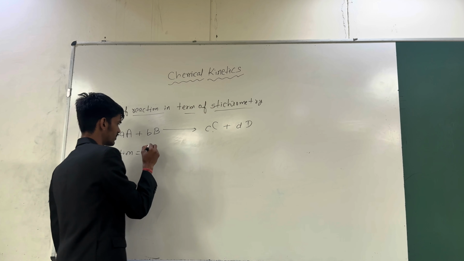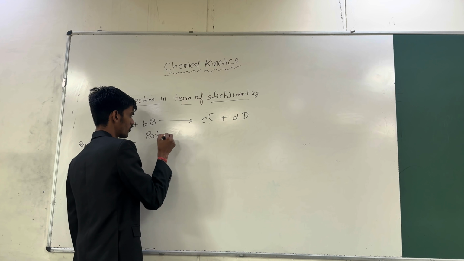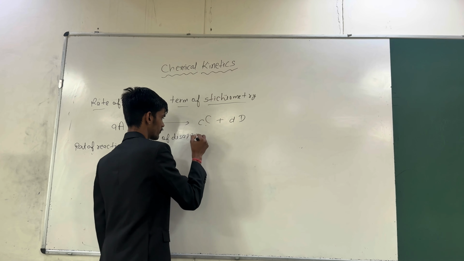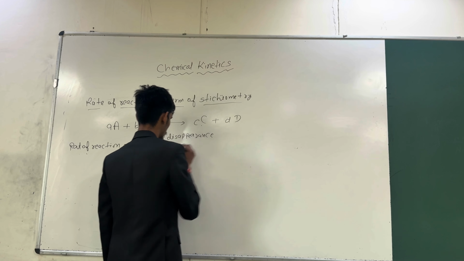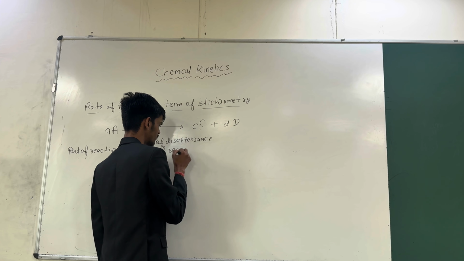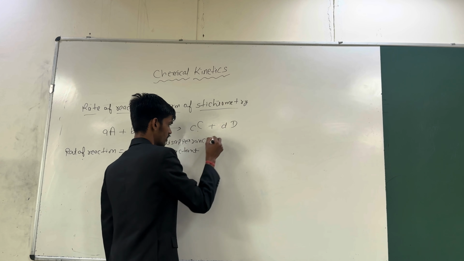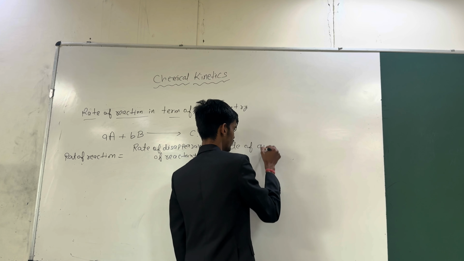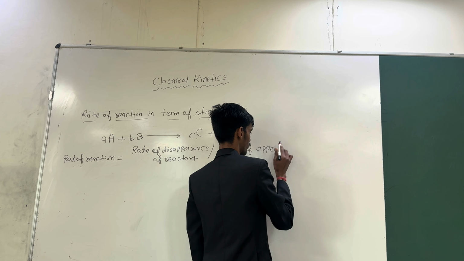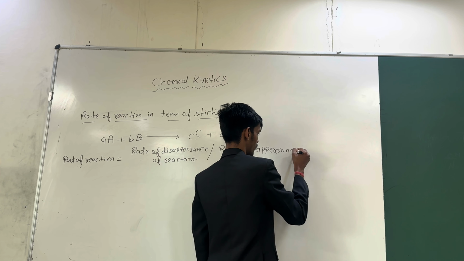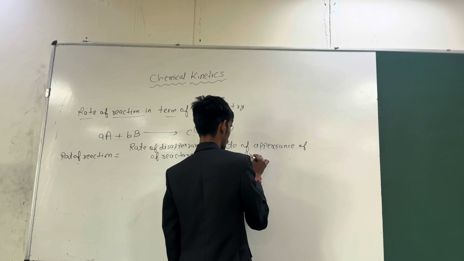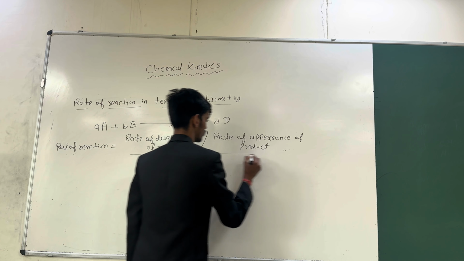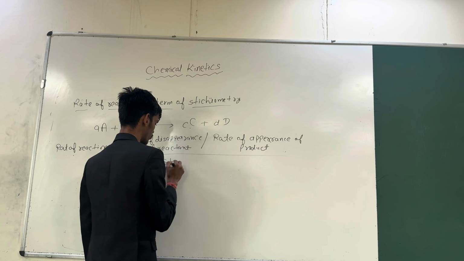Rate of reaction is basically the rate of disappearance of reactant or the rate of appearance of product, divided by the stoichiometric coefficient.